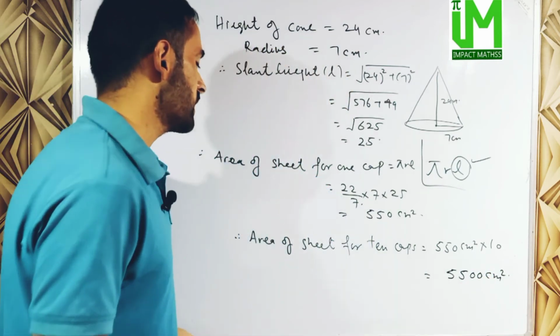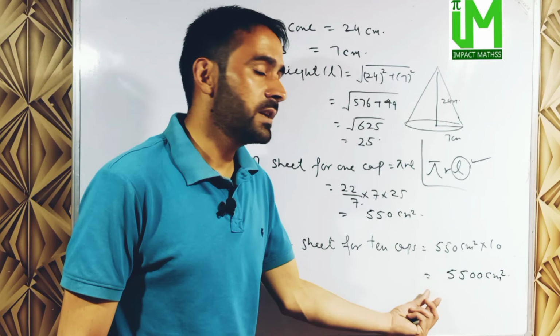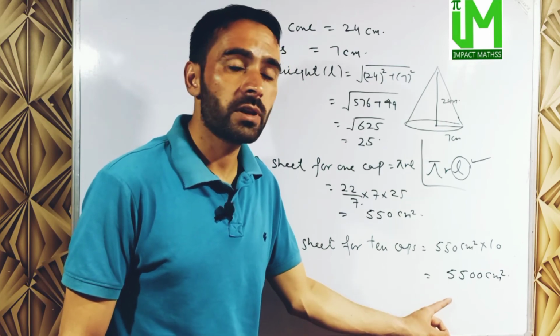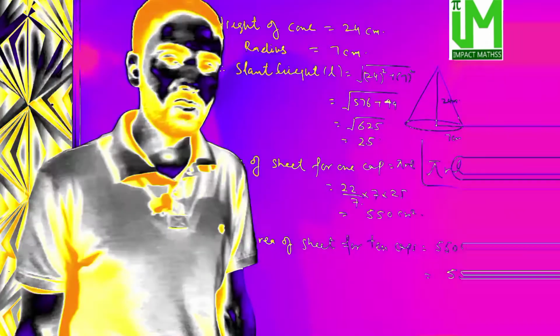That is, the area of the sheet required to make 10 caps will be 5,500 centimeters square. Now question number 8 seems to be somehow a bit interesting. In fact, solving real life examples makes math more fun.